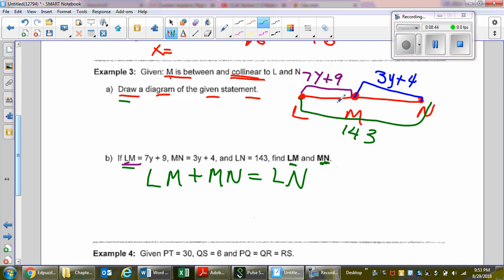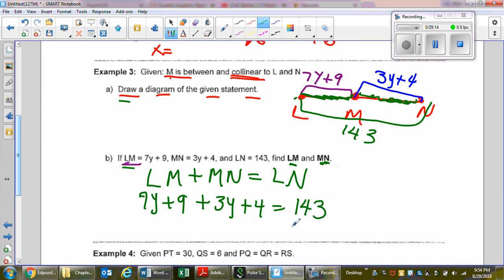See, LM is given to be what? It's right here: 7y plus 9, right? So write this down here. 7y plus 9 plus, what is MN? MN is this part, right? 3y plus 4.